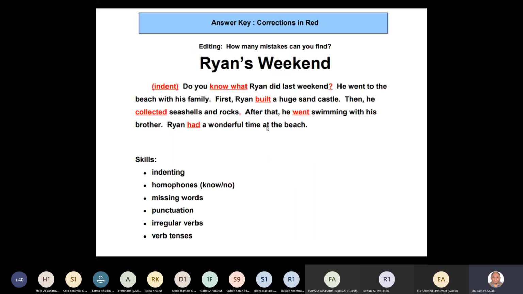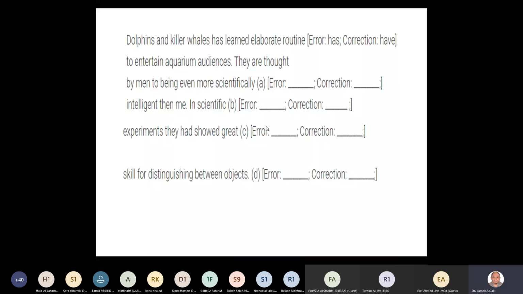Okay, so this is a small passage and it has errors. The errors are grammatical errors that I would like you to check. So you guys have a minute to go through them and come out with the error in every sentence. So you'll have to read it as a whole in order to get a sense of what is happening, and then you start detecting and identifying the errors.